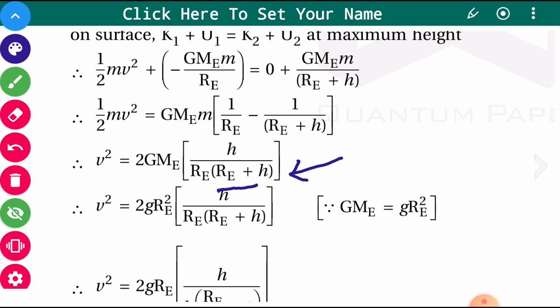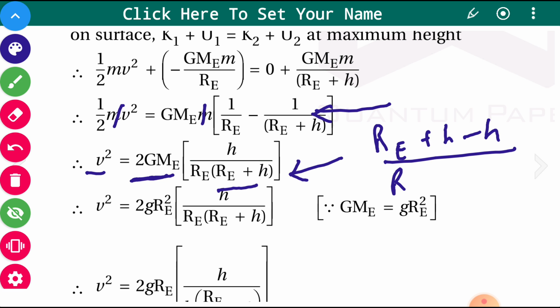Here it becomes 2 G M_E, because this m will be cancelled out. So you will have v square is equal to 2 G M_E. Inside, you are taking the LCM, so it becomes Re plus h minus h upon Re into Re plus h. Okay, so this h will be cancelled out, and Re plus h minus Re will give you Re only.